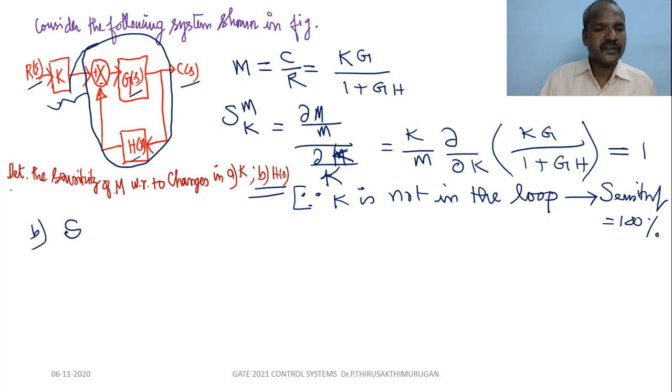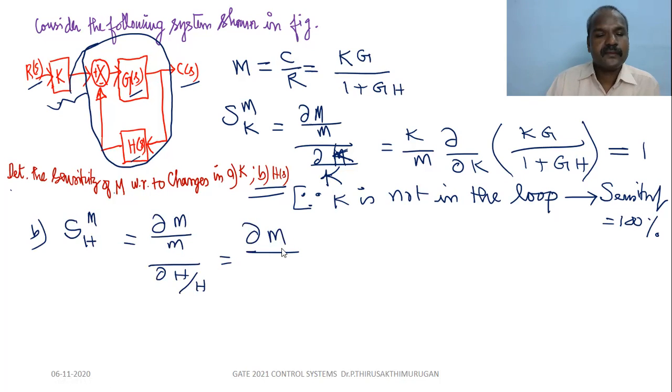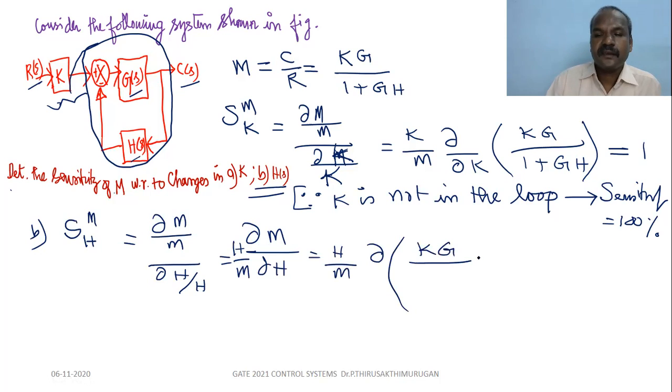The sensitivity of M with respect to H equals ∂M by M divided by ∂H by H. So keep H by M outside as a constant: H by M times ∂M by ∂H, where the closed loop transfer function is KG divided by 1 plus GH.